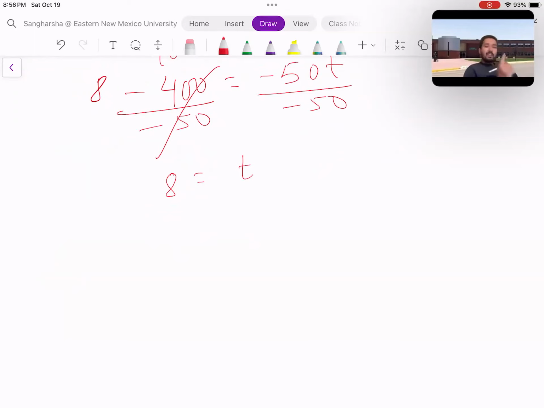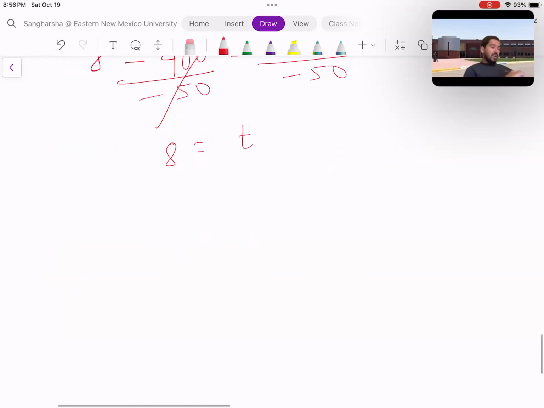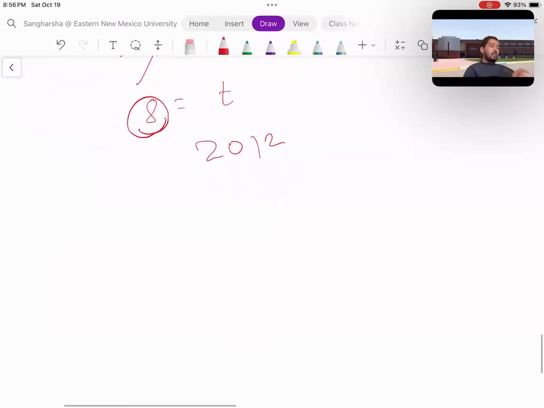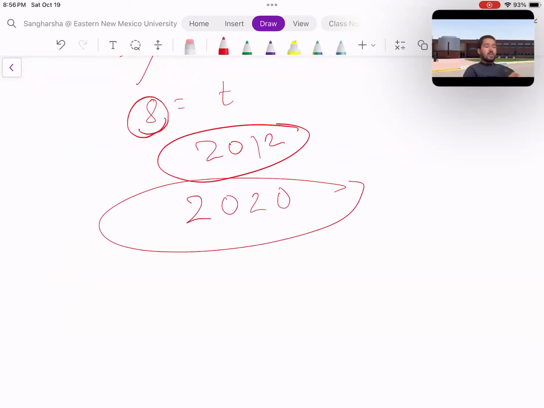Now, what is the year? You are asked to find when, so you have to find in what year. Your time is 8 years after purchase. You purchased in 2012, and after 8 years it's going to be 2020. So in 2020, the price of the computer is $0.